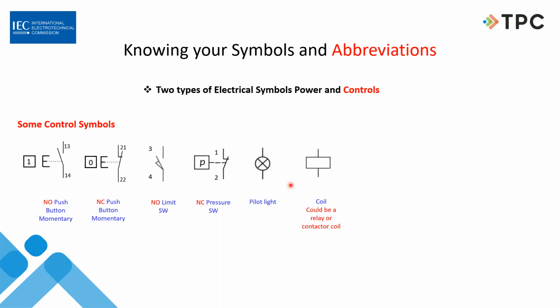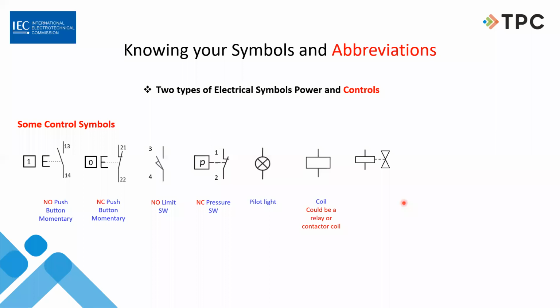This is a coil. Most coils have an A1 and an A2 on them. Most of the time, not all the time. So we didn't draw it that way, but it's a coil. It could be a relay or a contactor. I'm going to show you how to tell the difference in a little bit. This is a solenoid.